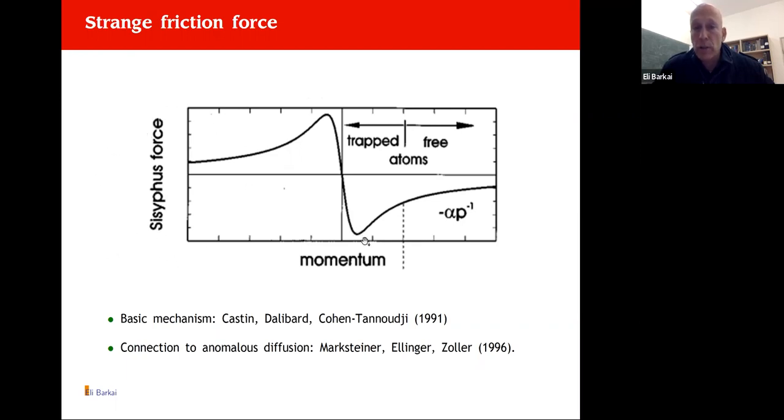Now, this is the friction that we have here, and this will give us the fractional equation eventually. So what is this very strange friction? It's made by man, it's made by the lasers, but this friction you see here as a function of momentum. Momentum and velocity are the same. Let's say the mass is 1.